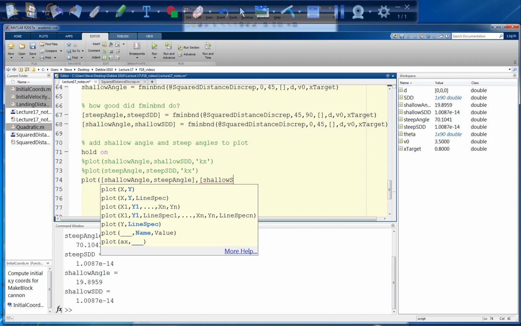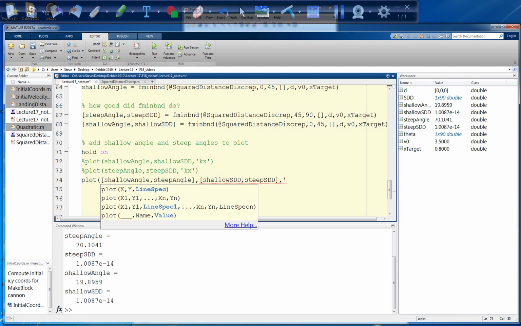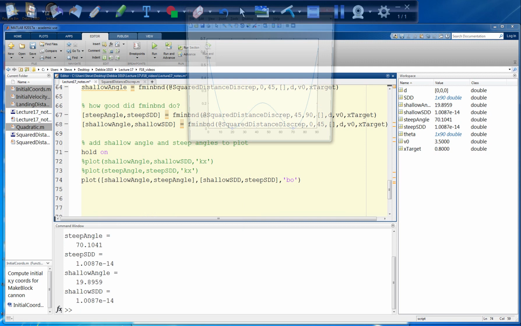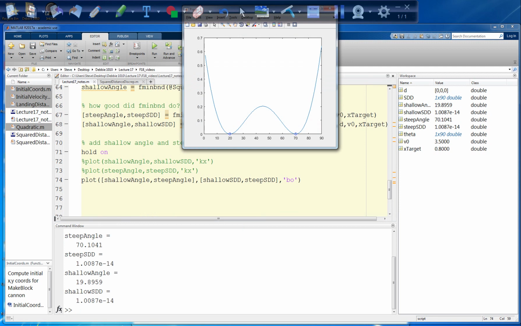So shallow SDD, steep SDD. Okay, square brackets making that a vector, and then said I wanted, well, let's do something different for fun. So let's do blue circles. Okay, and let's run that section, and now we've got blue circles marking the good angles to hit the target.